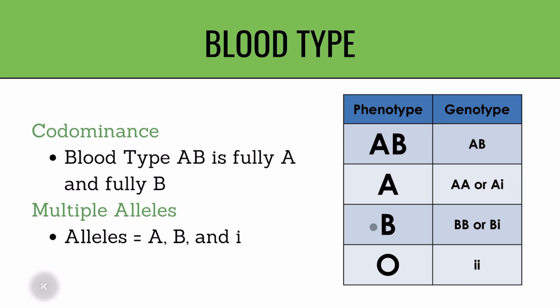Notice that A and B are both capital, so we know that means that blood type A and blood type B are dominant. So for blood type A, I can either have 2 A alleles or one dominant A that's going to overshadow the recessive i allele. And then same thing for blood type B. I can either have 2 dominant B alleles or I can have one dominant B allele that overshadows the recessive i allele.